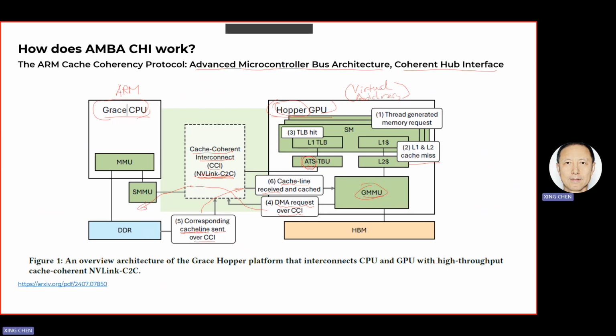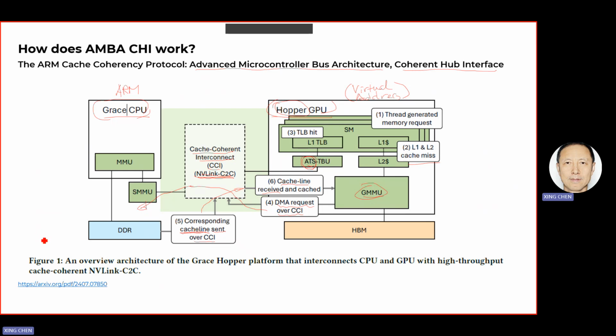So what we have seen is that the GPU needs to access some data. The data is not in its cache, but it has been cached by the CPU. At least it is in the CPU's physical memory address.